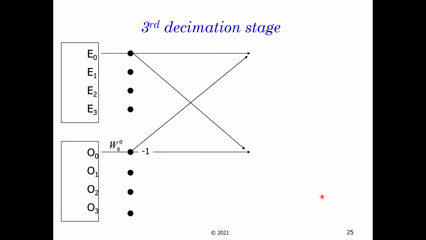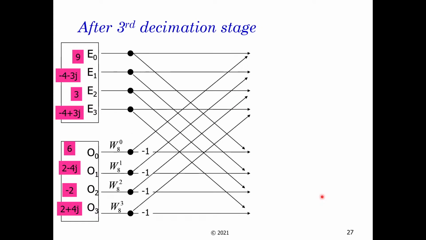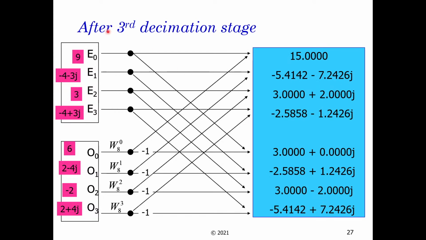And then finally, for the third decimation stage, this is going to be 2 to the 3, which is 8 values that we're going to be dealing with at a time. So for the first half of those 8 values, there are no twiddle factors and no -1s. But for the second half of these 8 values, there are associated twiddle factors and -1 components.